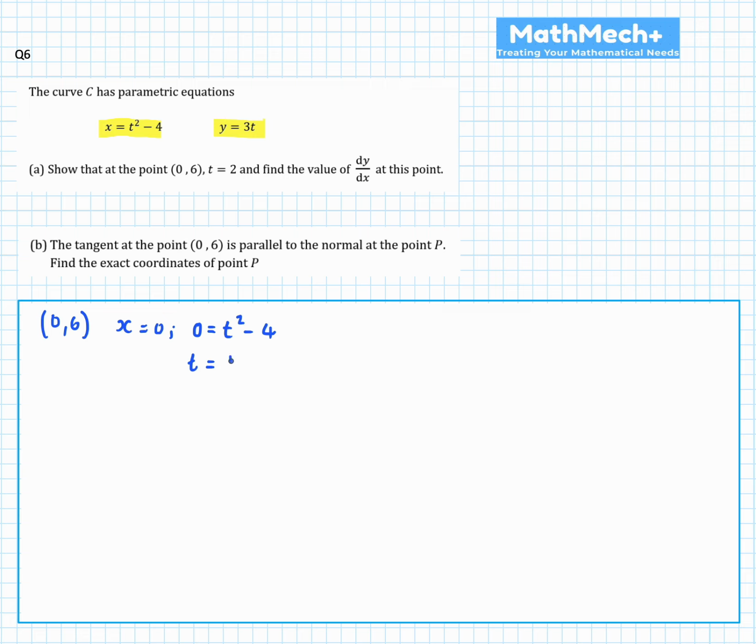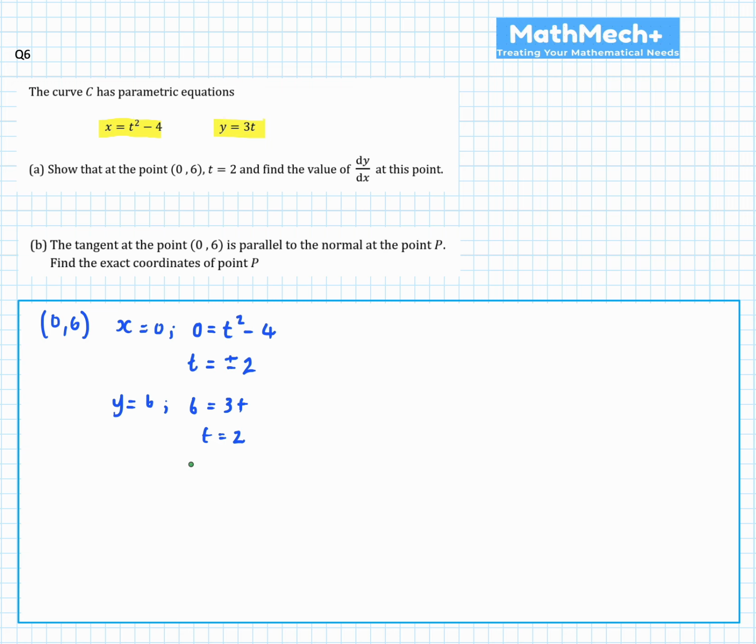One or the other, we'll see. Okay, x is 0, y is equal to 6, based on that point we were given. So 6 equals 3t, so it's very clear that t is equal to 2. So for both of these, t is equal to 2.